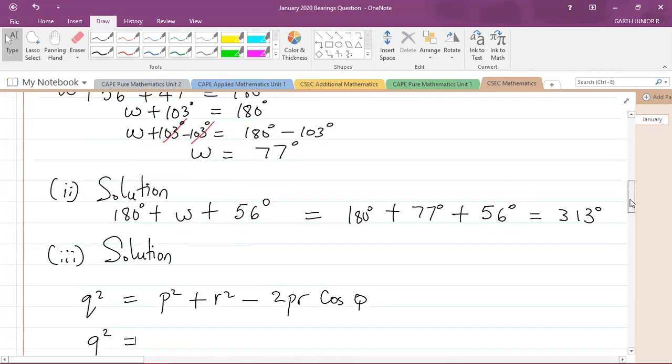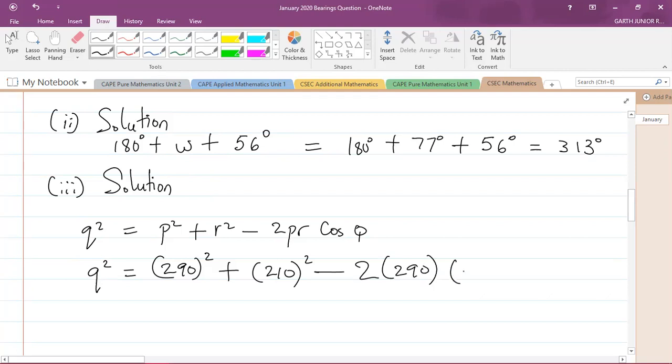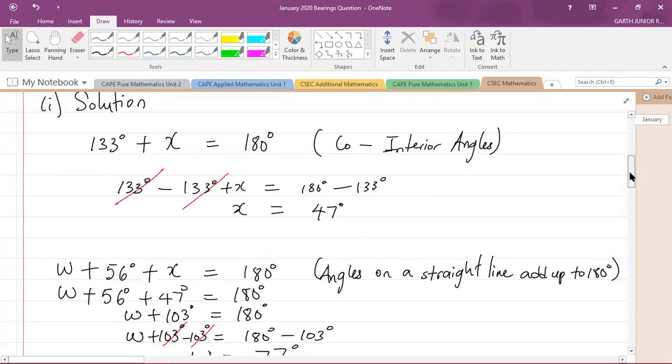If I want p squared, then that is going to be 290 squared, plus I want r squared. R is 210, that's 210 squared, minus 2 times p times r. So p is 290 multiplied by r, that's 210, multiplied by the cosine of my angle Q. Let's go back to the diagram here.